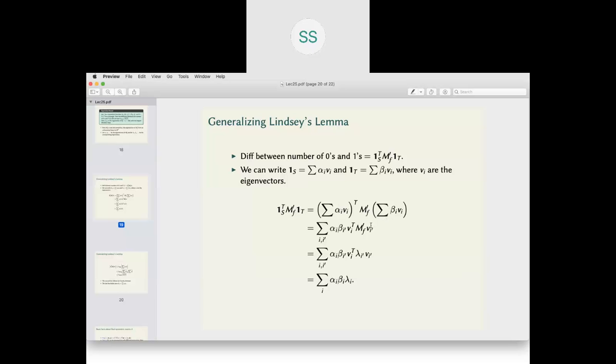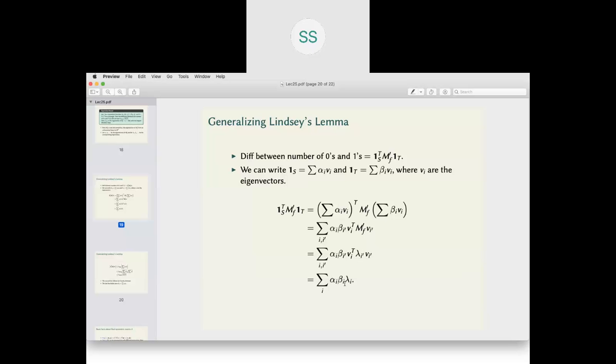And what we have is alpha i, beta i prime, and then you collect the summation, and then we have v_i transpose M_f' v_i prime, and M_f' v_i prime is nothing but lambda i prime v_i prime, by the definition of eigenvalue and eigenvector. And v_i transpose v_i prime will be 0 when i is not equal to i prime and 1 when i equals i prime.